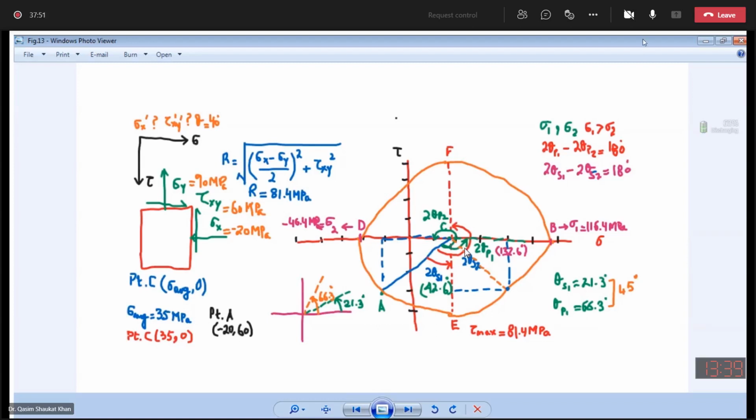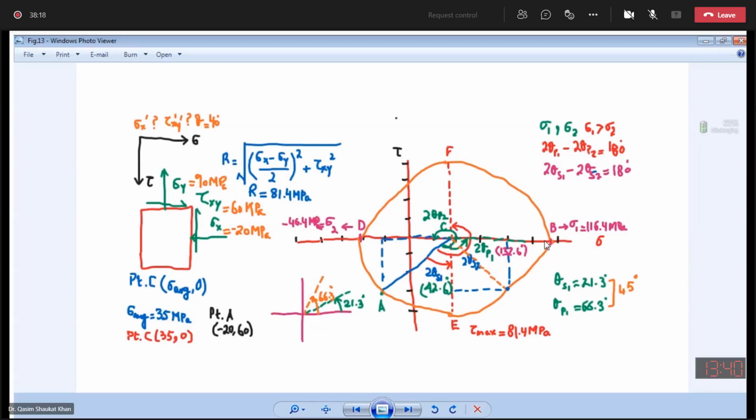Okay, good. Now this is all about the principal stresses and the orientation of the principal planes. Our principal stress sigma 1 is 116.4 megapascals. Sigma 2 is minus 46.4 megapascals.